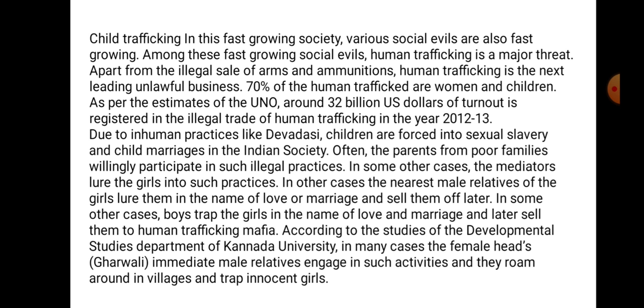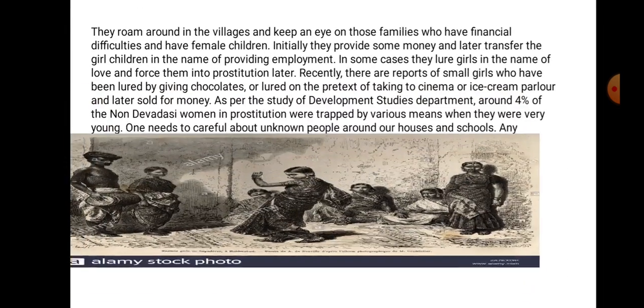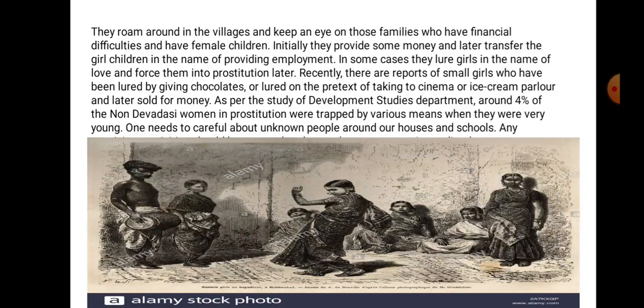According to the studies of the Department of Development Studies, Kannada University, in many cases the head of the female, what we call garhwali, and immediate male relatives encourage such activities, and they roam around in villages and trap very innocent girls. They keep an eye on those families who have financial difficulties and have female children.